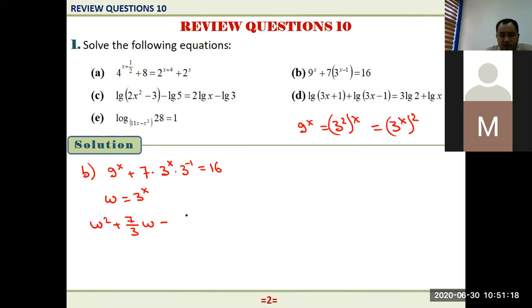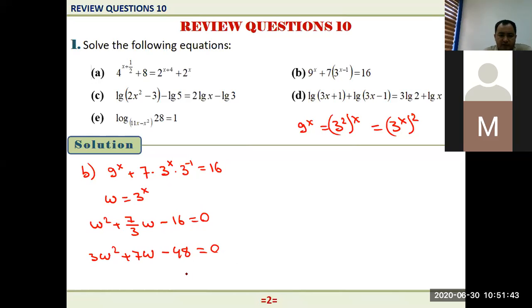And take the 16 to the left hand side, here we have minus 16, equal to 0. Or this is a fraction, if you want to have integer coefficients, let's multiply both sides by 3, then we will get 3w squared plus 7w minus 48 is equal to 0.